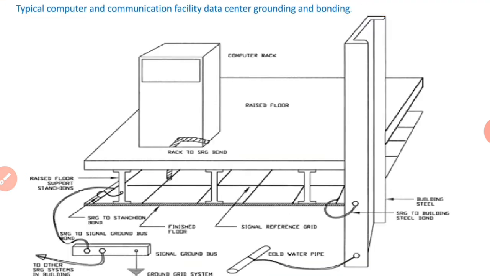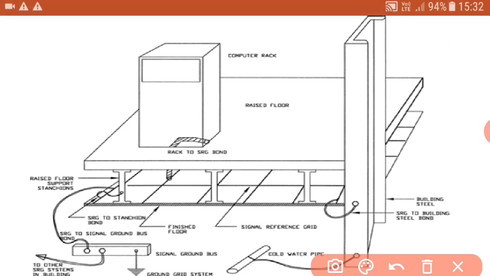Now this is a typical computer and communication facility, data center, grounding and bonding. Here we can see the signal reference grid. We have already seen that there are squares, about 2 feet squares, and the wire gauge is about 2 AWG.